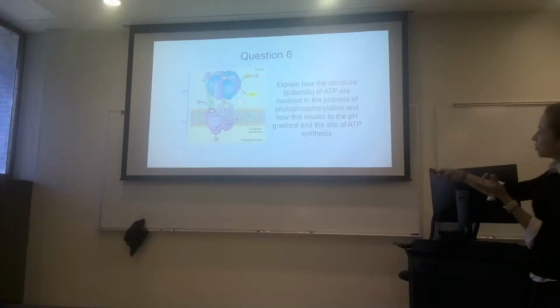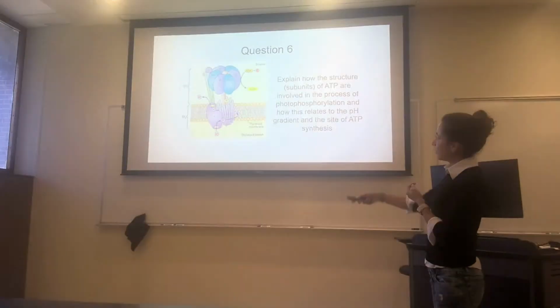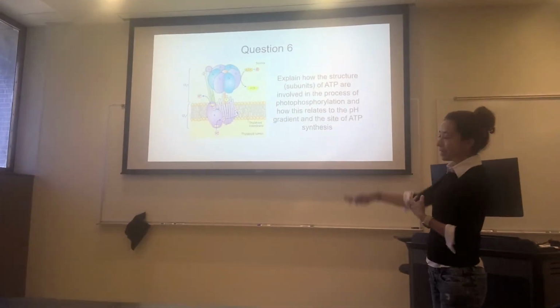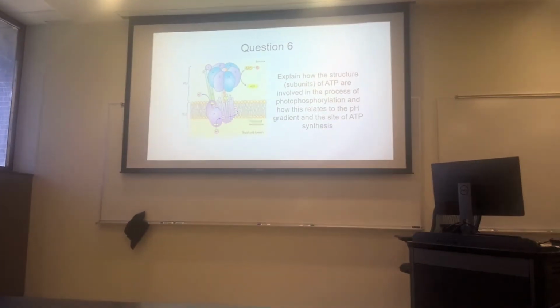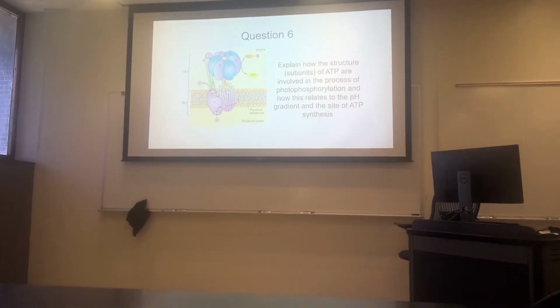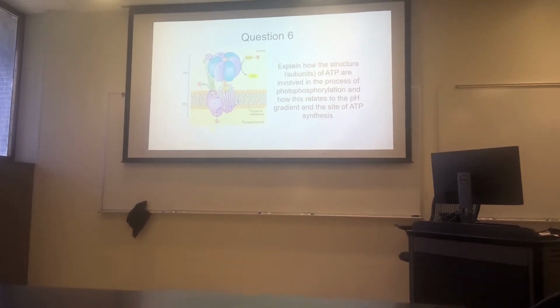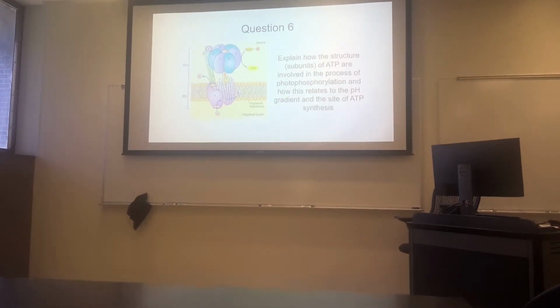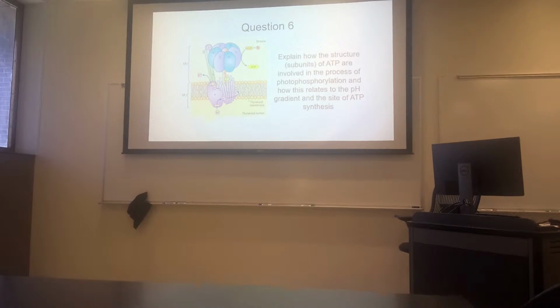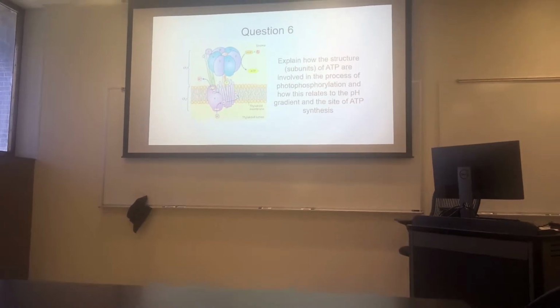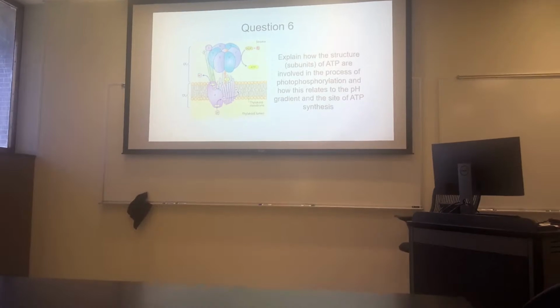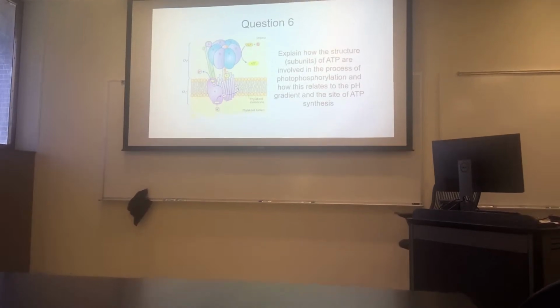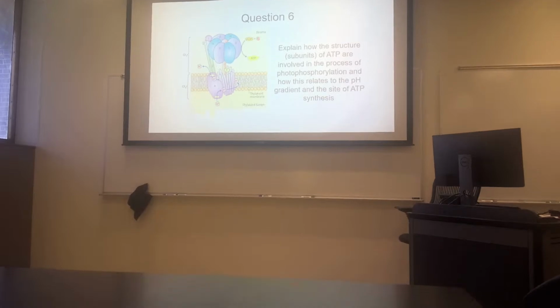As it moves, that causes the head of the ATP synthase, in the stroma, to also change configuration. So as protons come in on one side and make it twist, that moves the head. And as the head moves, it consolidates ADP and phosphate into ATP.